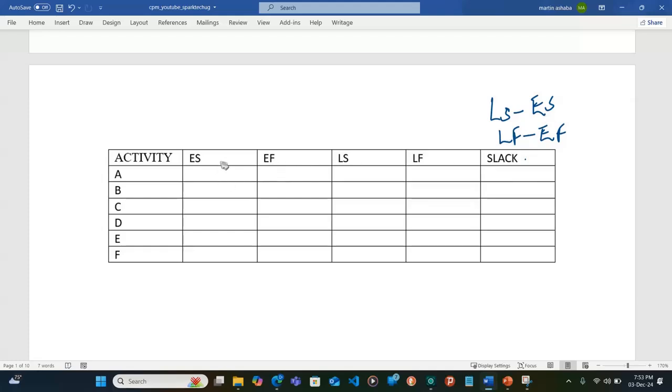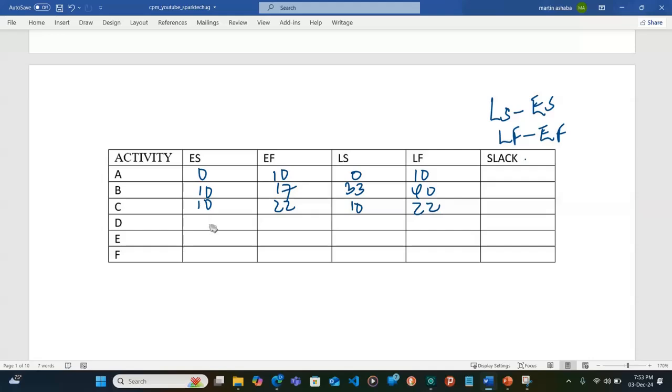So now we know already that this is 0, this is 10, this is 0, this is 10. That is for activity A. And for activity B, we know that this is actually 10, and this is 17, this is 33, and this is 40. And for activity C, this is 10, this is 22, this is 10, this is 22.